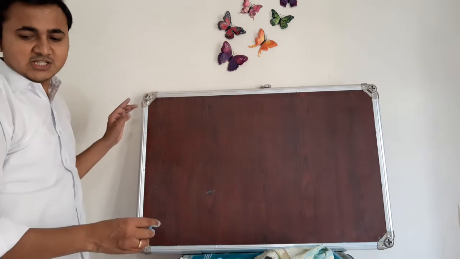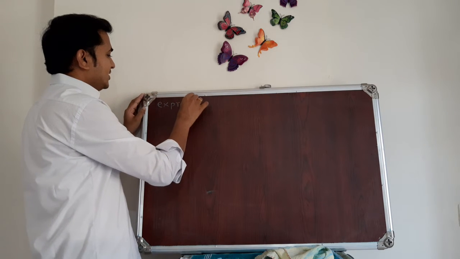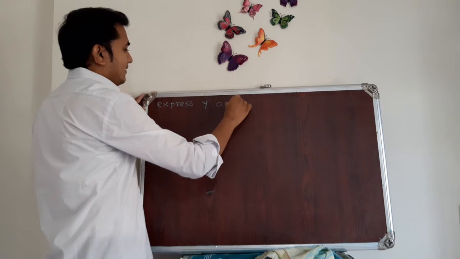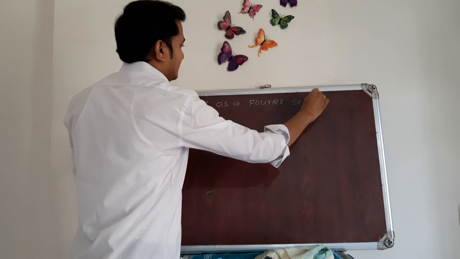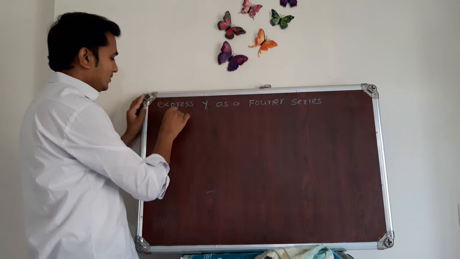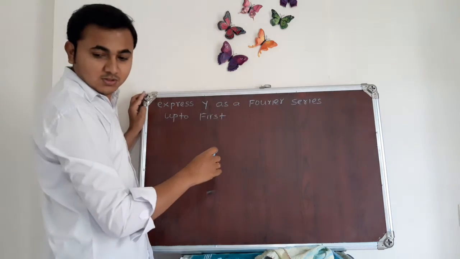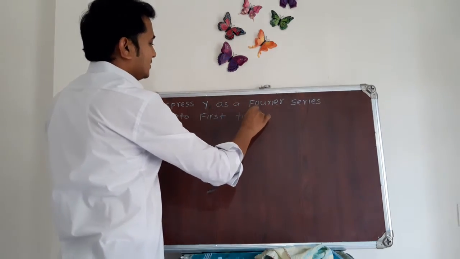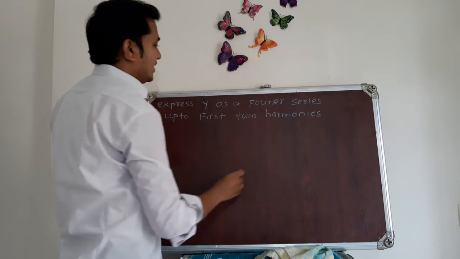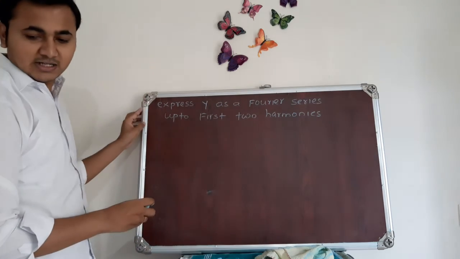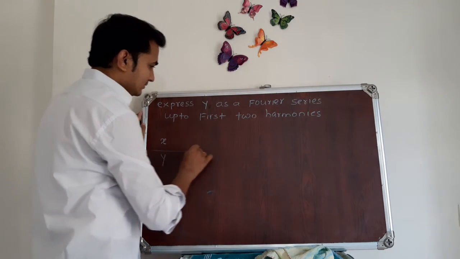So the question is, express y as a Fourier series up to the first 2 harmonics. Alright. And data is given as x and y.